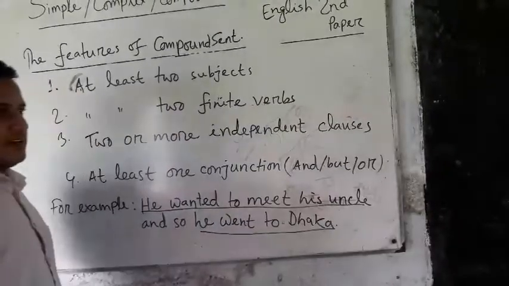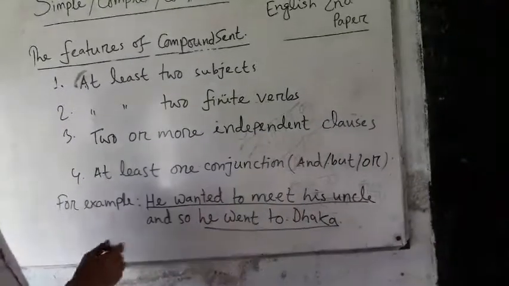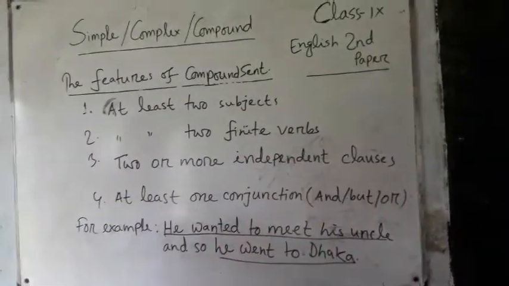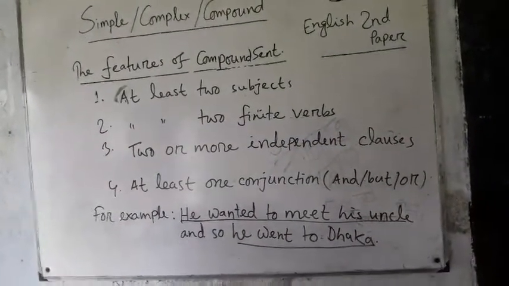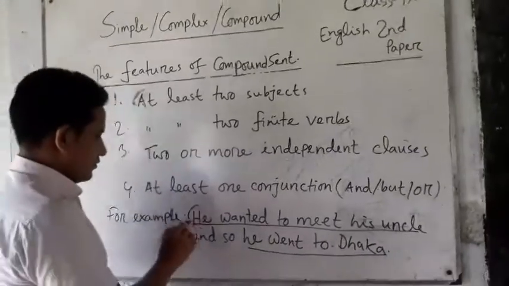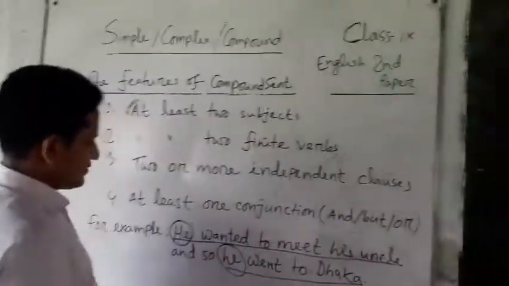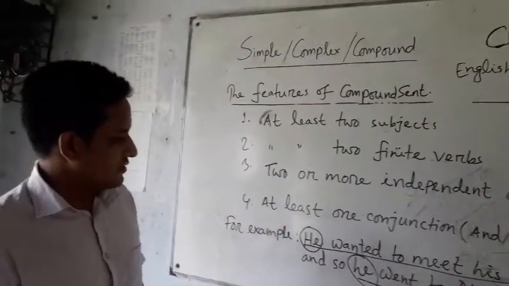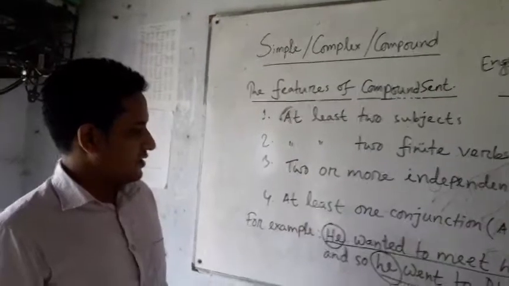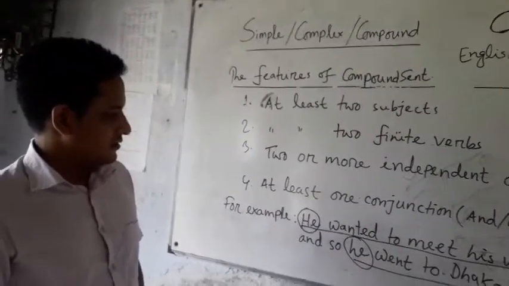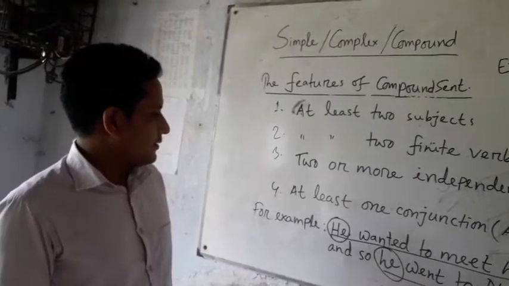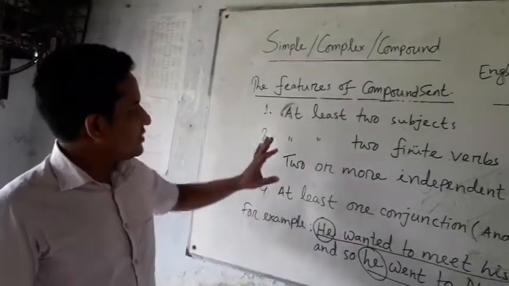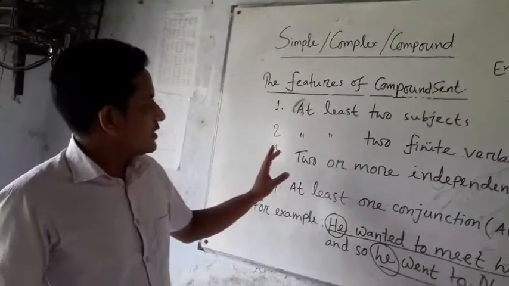He went to Dhaka. It is also a principal clause or independent clause. And here it is also important to note that both clauses have the same subject. If we find the same subject or same verbs in compound sentence, we need not repeat it in the next clause. Okay, these are the features of compound sentence.